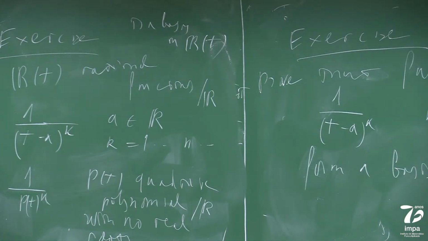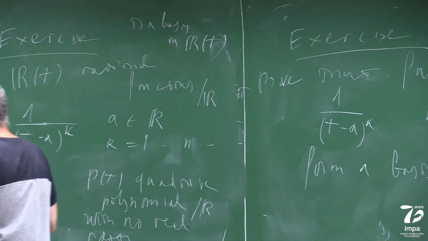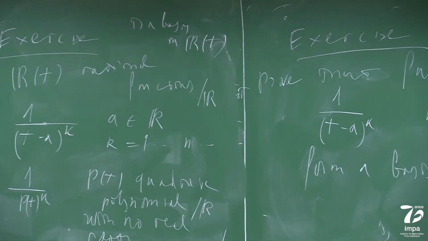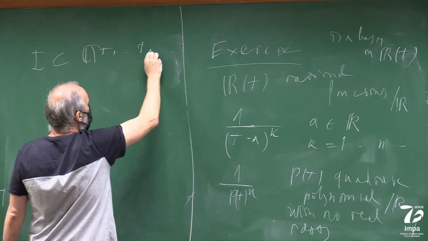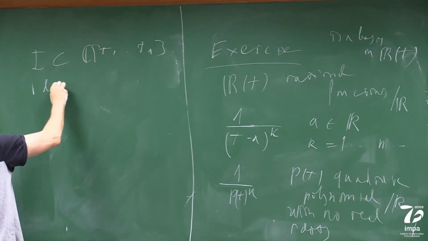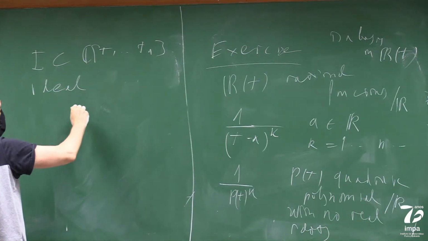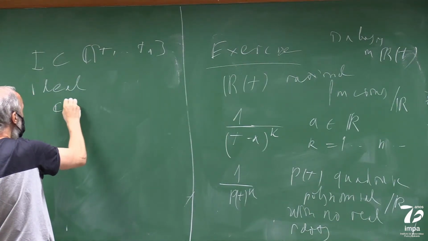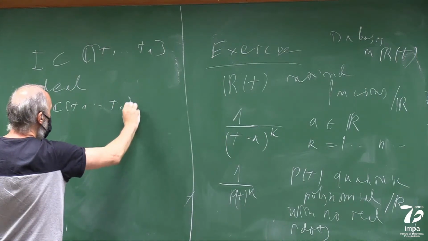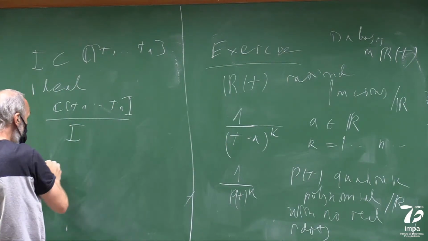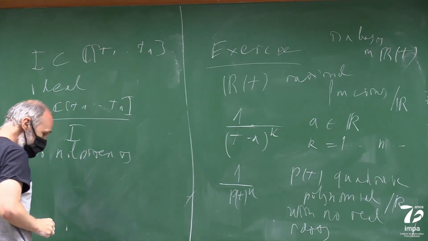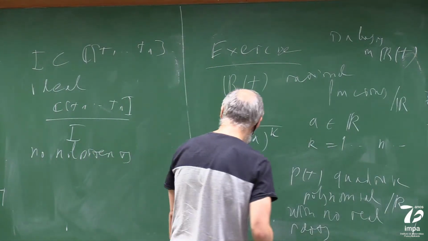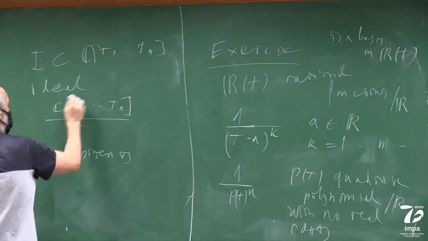Another subject is the following. There is a stronger version of the Nullstellensatz, which says that suppose you have an ideal I inside polynomials such that the polynomials quotient by this ideal has no nilpotents. A nilpotent is an element which is 0 in some power.